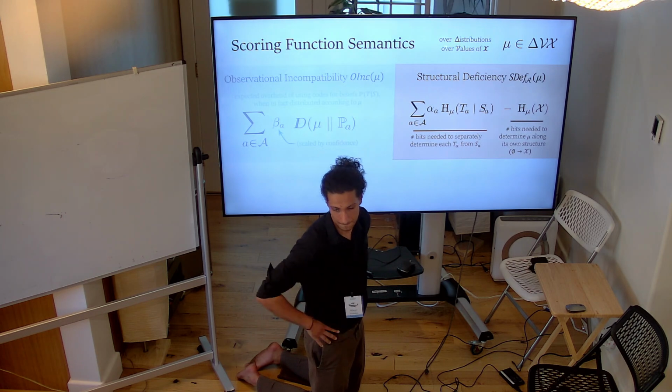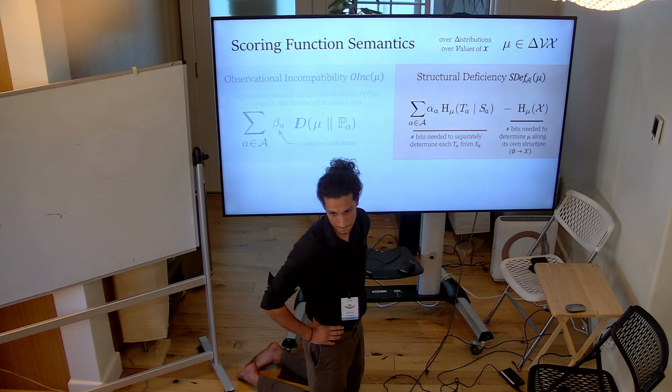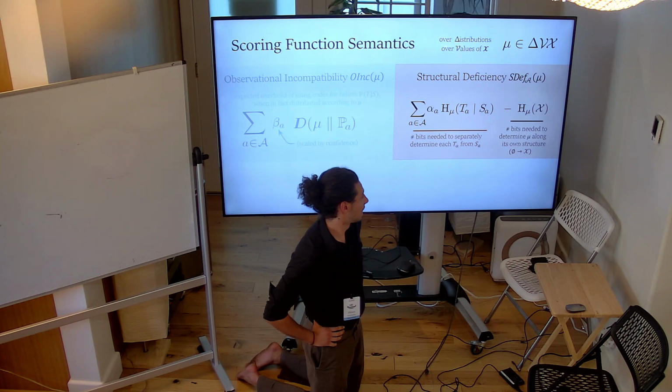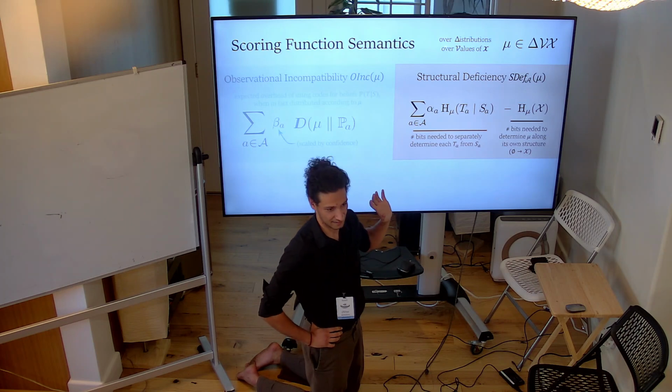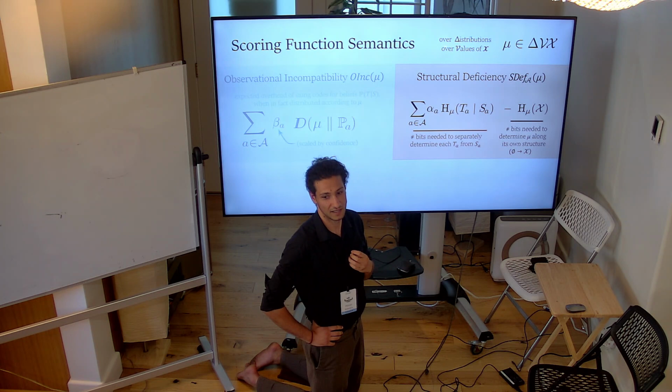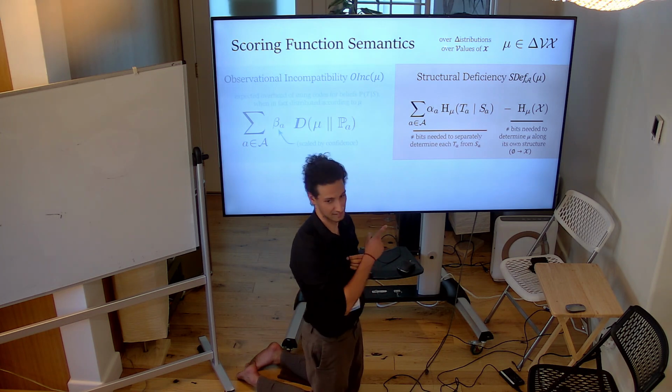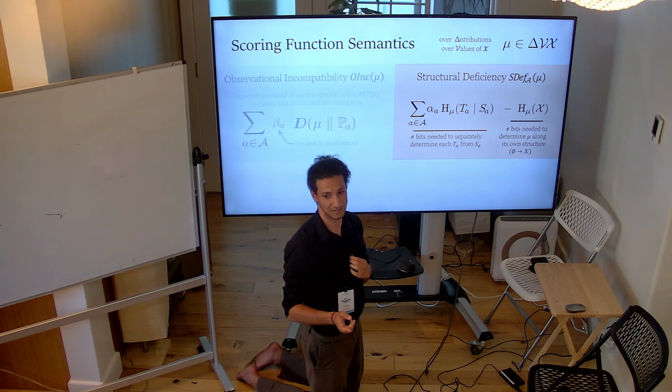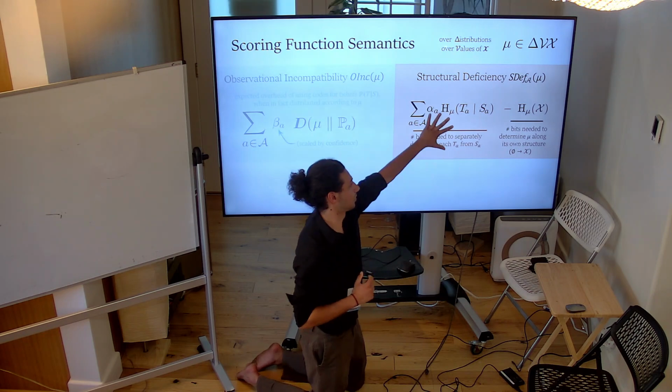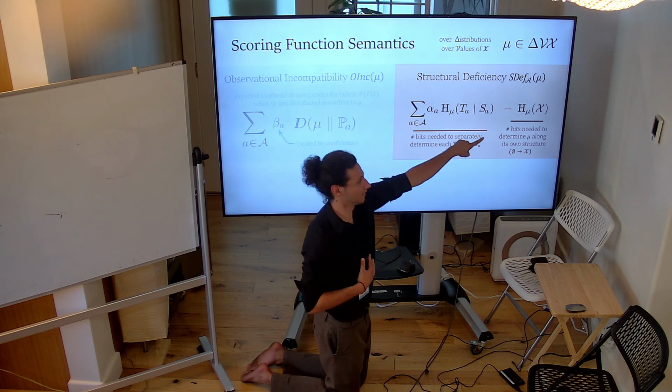Do the alphas somehow need to add up to 1 for this to be true? I haven't claimed anything. It is true that in order for this to be strictly non-negative, you need to have enough causal belief. If you have no beliefs at all, your alphas are 0, and this is negative entropy.